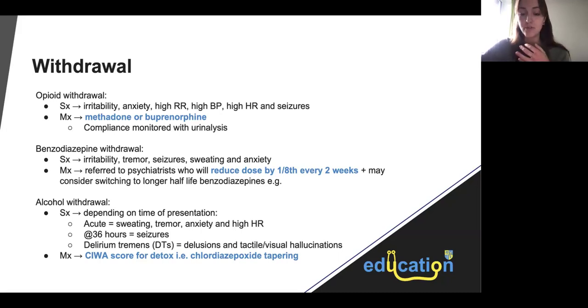Acute treatment for alcohol withdrawal is a benzo. So a common one is chlordiazepoxide. Another one that I would be aware of is oxazepam, because chlordiazepoxide is contraindicated in people with severe liver failure or liver damage, which a significant number of alcohol dependent patients do have. So yeah, either chlordiazepoxide or oxazepam.